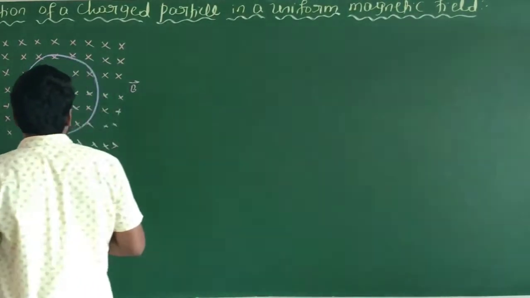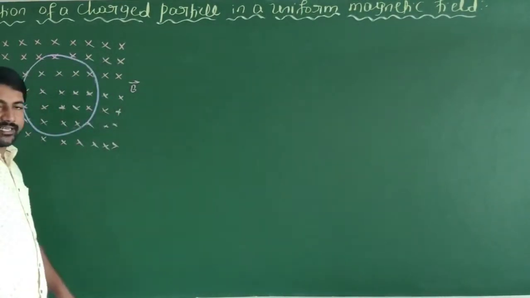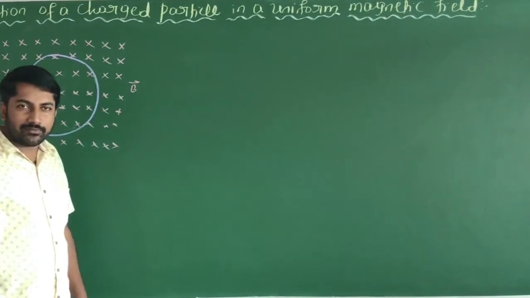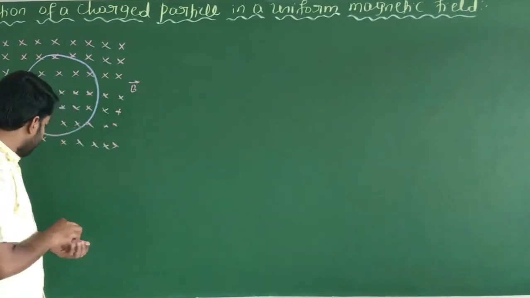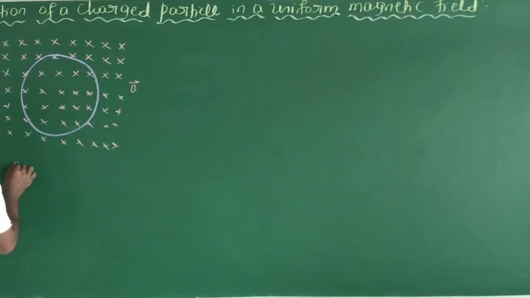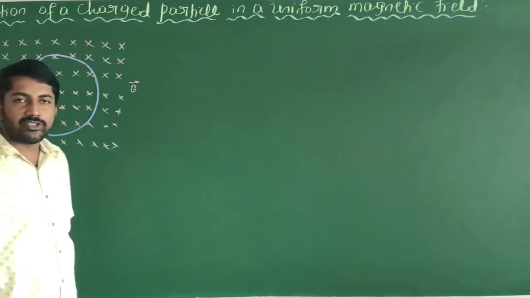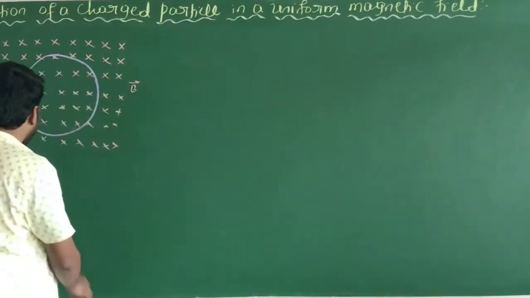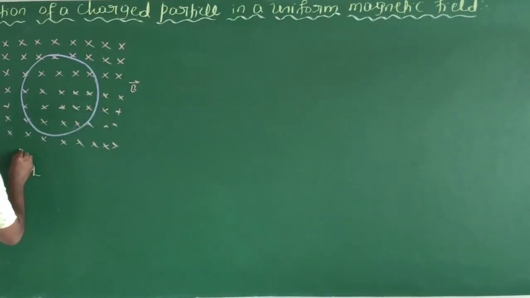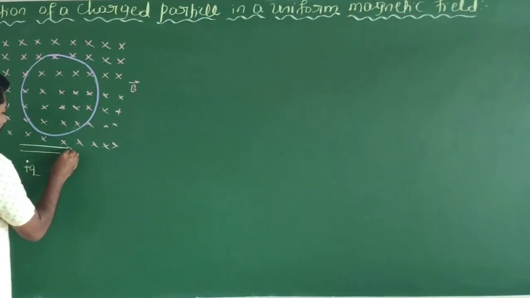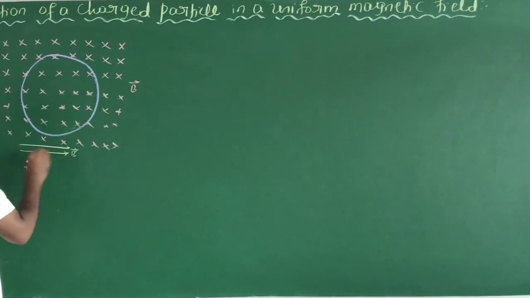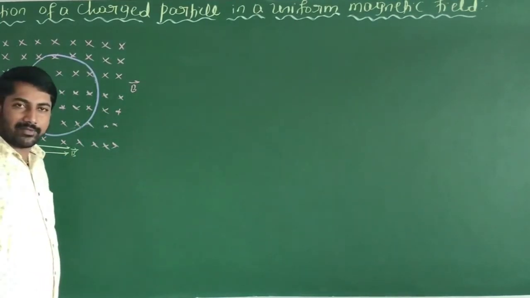Here, in this case, is the motion of a charged particle in a uniform magnetic field. Initially, suppose plus Q is the charged particle, and this is the region of uniform magnetic field.